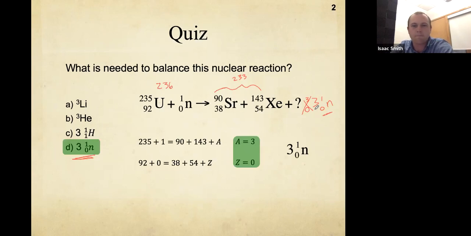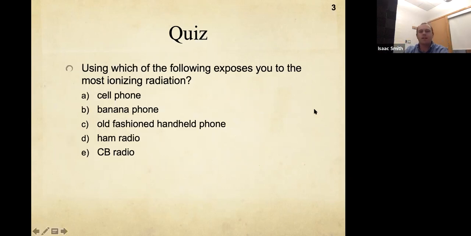Awesome, okay. And then just for fun, I'm not really expecting anyone to get this right, but go ahead and try to do this question. All right, so I'll go ahead and answer this, see what everyone guessed.